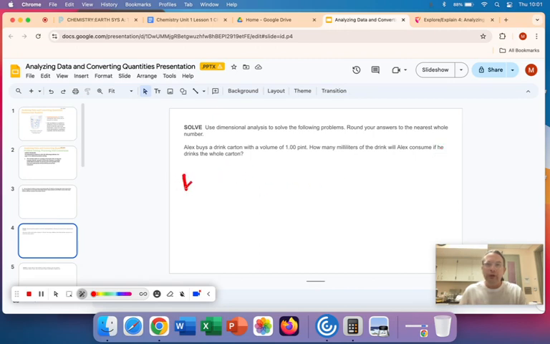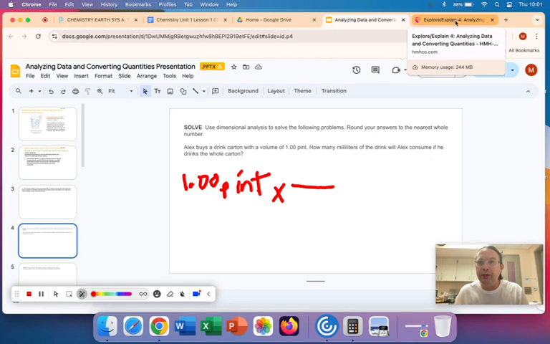So if we're starting with 1.00 pints, I have to find multiple equalities that will get me to milliliters.